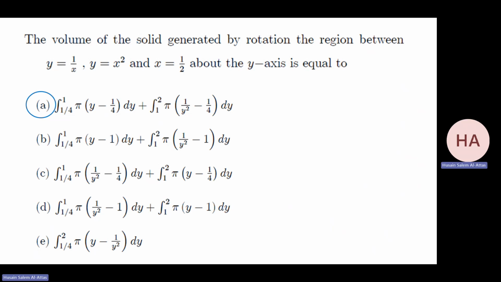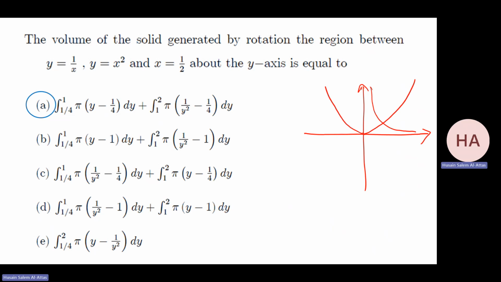Okay, the solid generated by rotating the region between this and this about the y-axis. Let me graph the region first. They are easy ones, so you can graph the region. I have y equals 1 over x, y equals x squared, x equals half.